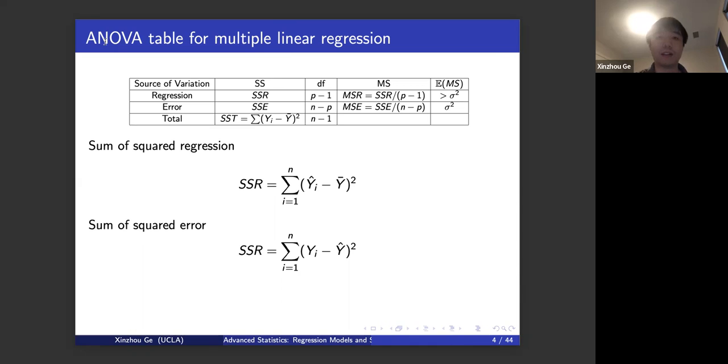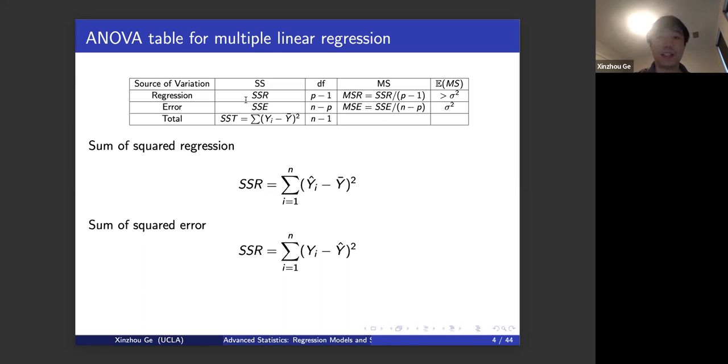In ANOVA, we want to see whether the variance explained by each part is reasonable if the null hypothesis is true. Here, the variance can be explained by two parts: the variance explained by the regression, which is called SSR, and the variance explained by error, which is called SSE.